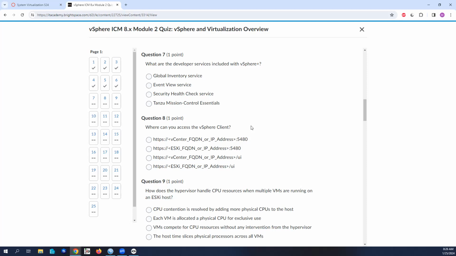Tanzu Mission Control Essentials. Tanzu is the Kubernetes and Docker. Kubernetes and Docker are specifically designed to develop containers, which are applications to run instead of virtualization. But it's sort of a virtualization, but the application runs all by itself in a container, just the libraries and code for the application to run without an operating system underneath it.